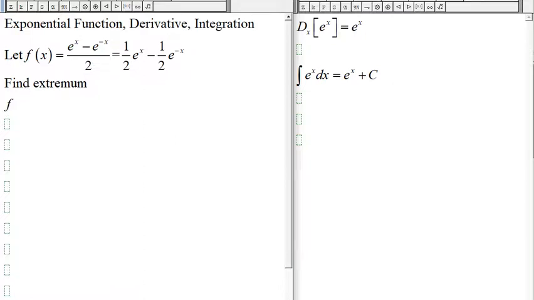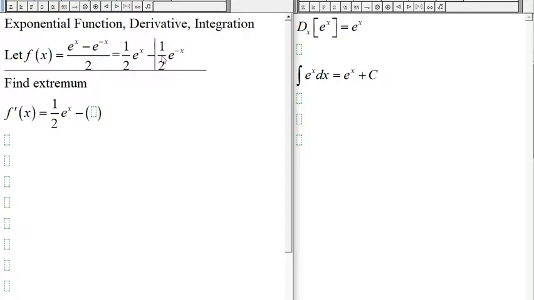And then now we want the derivative. So we get 1/2. The derivative of e to the x is just e to the x. And then minus. And then we need the derivative of e to the negative x.